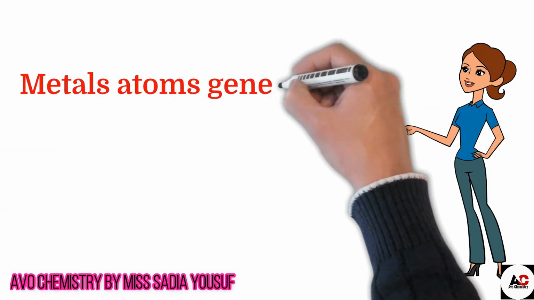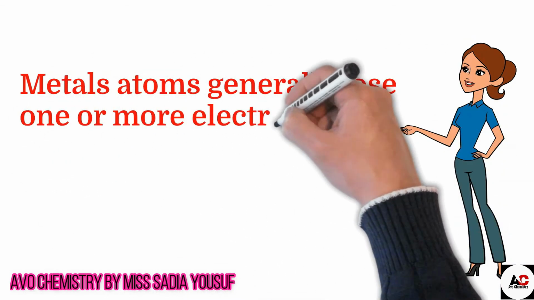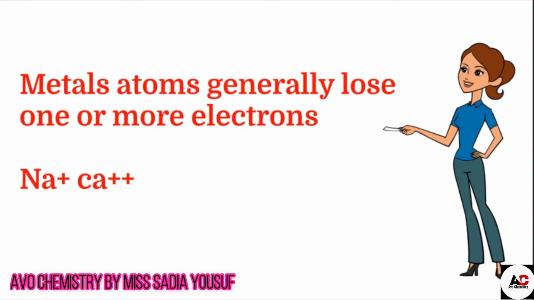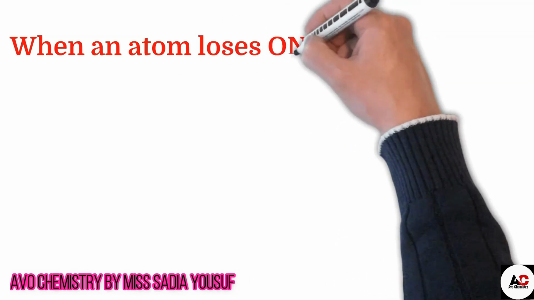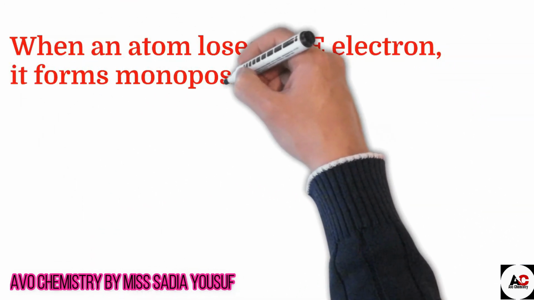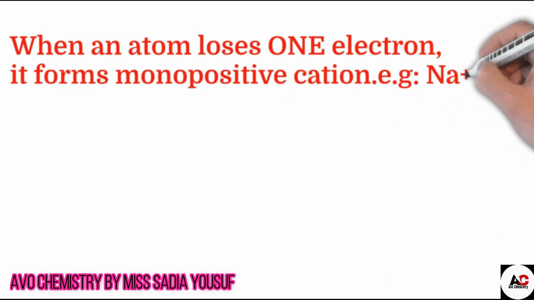Metal atoms generally lose 1 or more electrons, like sodium plus and calcium plus 2. When an atom loses 1 electron, it forms a monopositive cation like sodium plus. It gets plus 1 charge because it loses 1 electron.